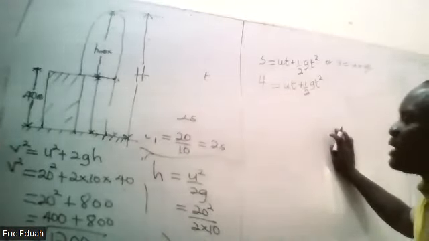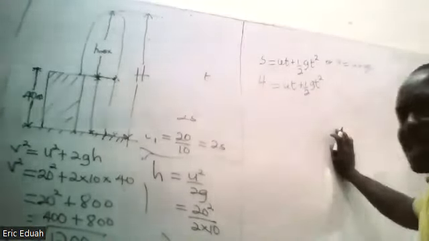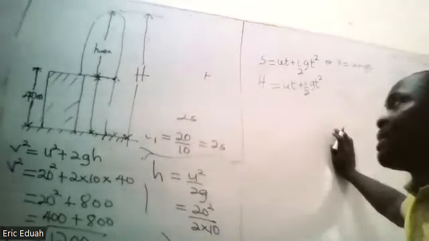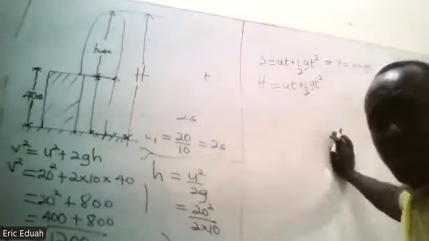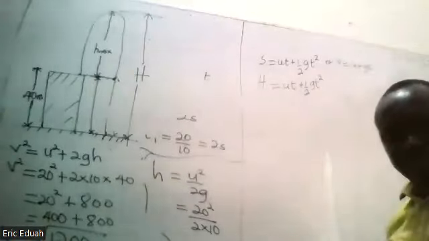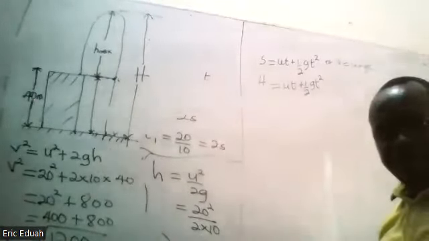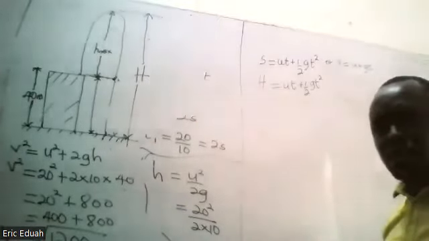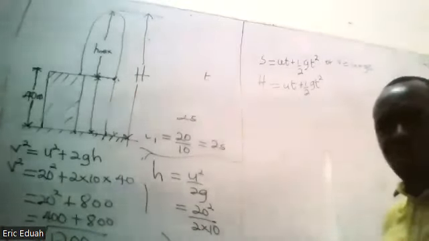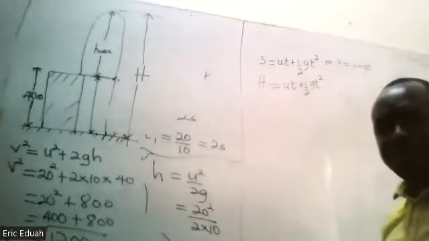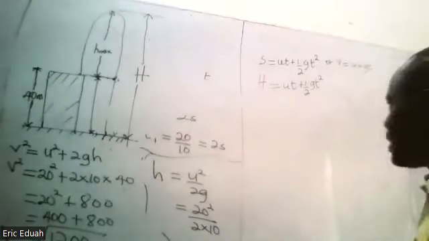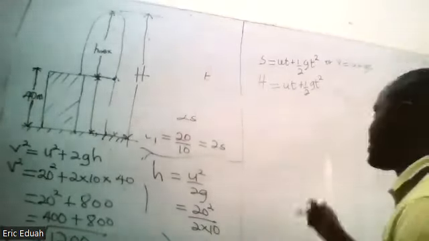Now, class, what is capital H? That height from the maximum height to the ground. What's that value? The total height. So what will be the magnitude of that total height? 60 meters. Yes, that's 60.